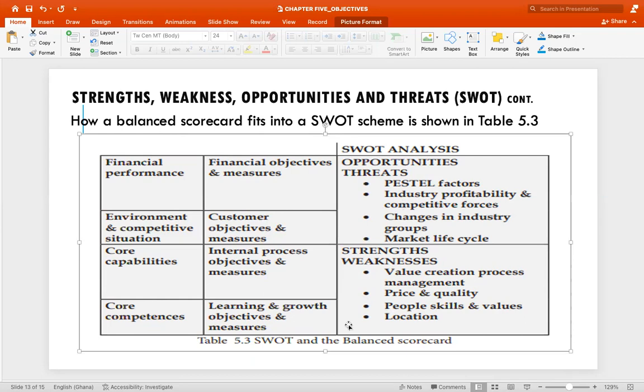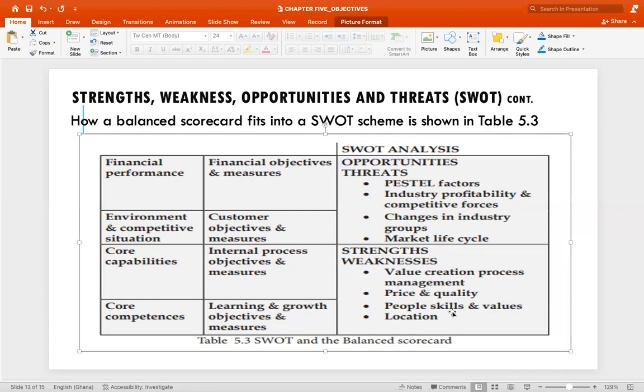So whilst the first two aspects of the balanced scorecard are about the internal environment, the last two, to be able to achieve them very well, will come from your understanding and appreciation of the external environment. So largely what we want to say is that there is some connection between your SWOT analysis as well as your balanced scorecard.